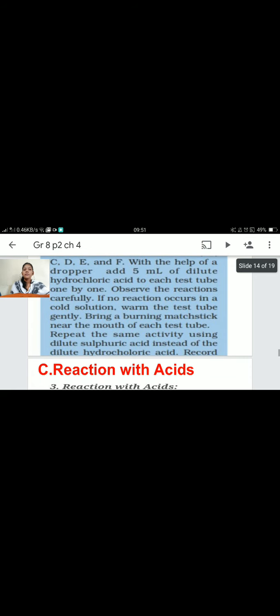And in another set, we have to add dilute sulfuric acid also. I have not given the table here, you can refer to the table in the textbook. They have given you iron, magnesium ribbon, coal. You can take any material which is easily available, and check the metals and non-metals both, first with hydrochloric acid and secondly with sulfuric acid.